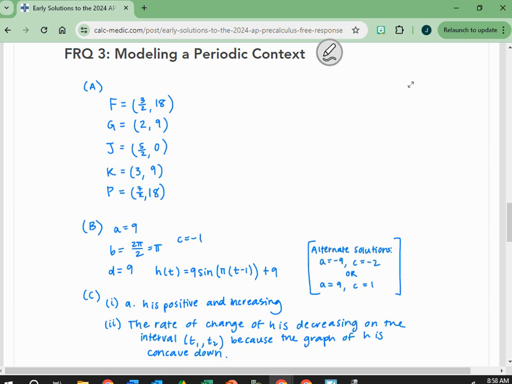If you just said it's decreasing on that interval, you've got a shot at the point. I'm not sure if they'll give it to you or not. If you explained in a weird way, you probably won't get it, but if you were just like, it is decreasing, you might get your point there. I'm not sure how the readers are going to do that.